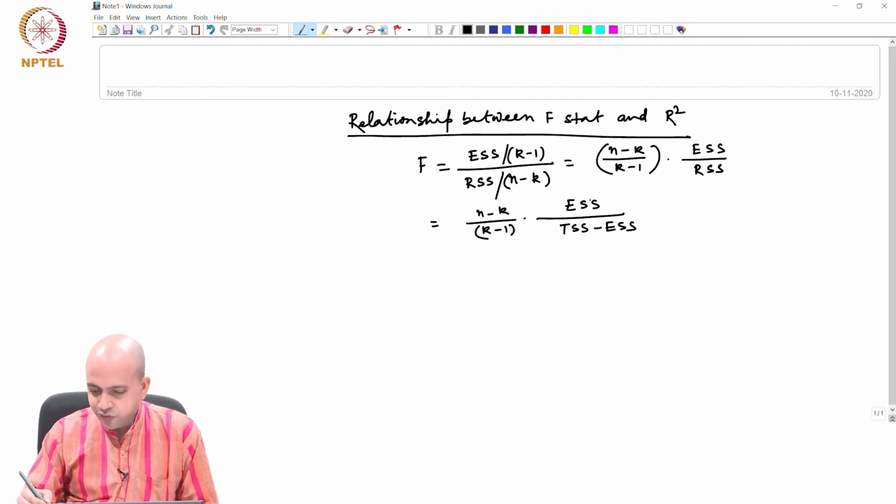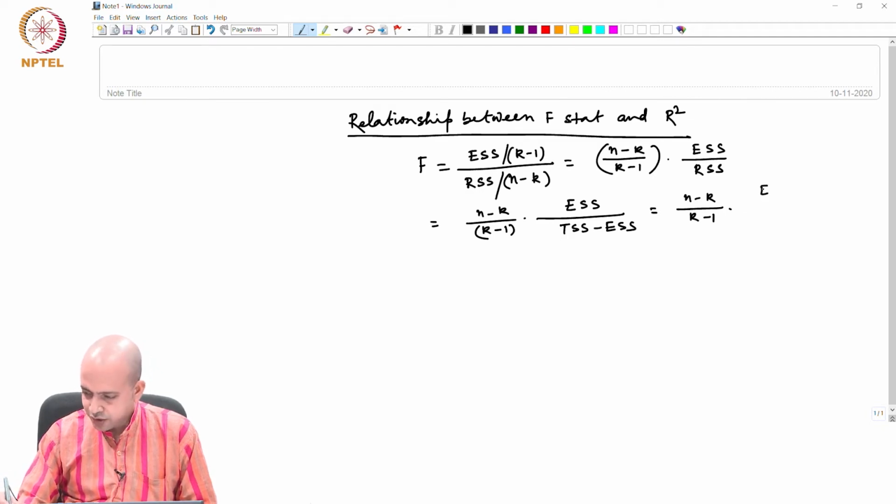And then if we divide the numerator and the denominator by TSS, we will get n minus k into k minus 1, and the denominator would become 1 minus ESS by TSS.